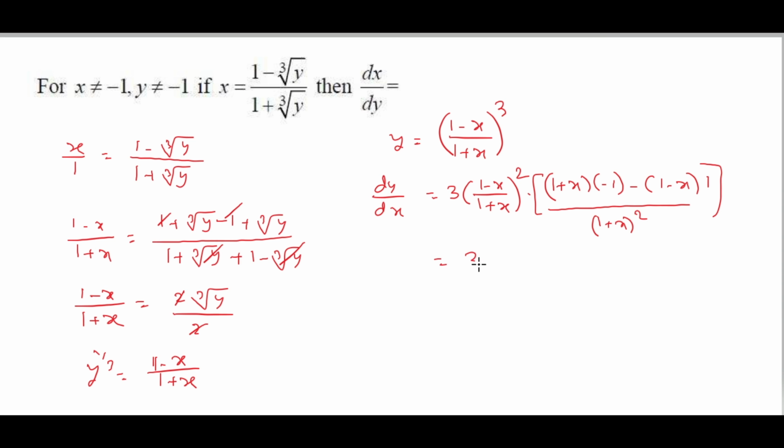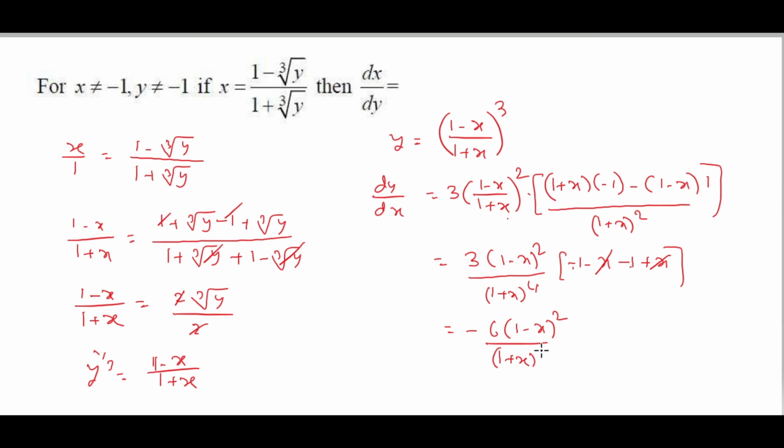That is equal to 3 into (1 minus x) whole square by (1 plus x) whole square into (1 plus x) whole square, that is (1 plus x) to the power of 4. Here minus 1 minus x minus 1 plus x. Here x cancels, minus 1 minus 1, that is minus 2 into 3, equal to minus 6 into (1 minus x) whole square by (1 plus x) to the power of 4. This is dy by dx.